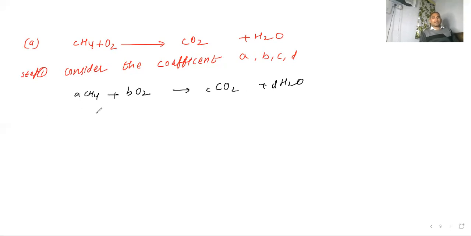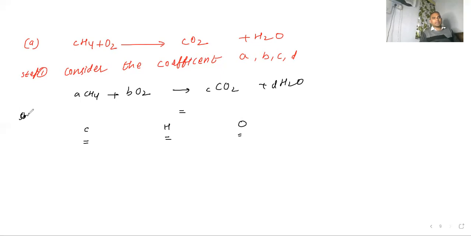The arrow means equal to. So what elements are there? Carbon, hydrogen, and oxygen. Only 3 elements are there. Below we put the equal sign, meaning we are comparing left and right side.